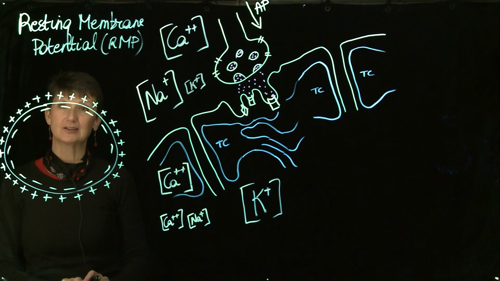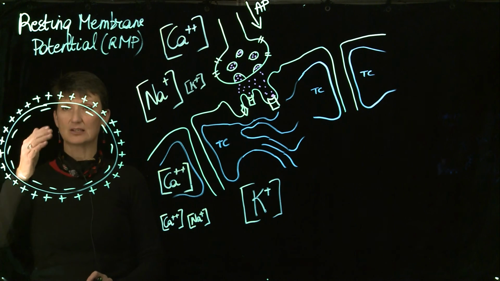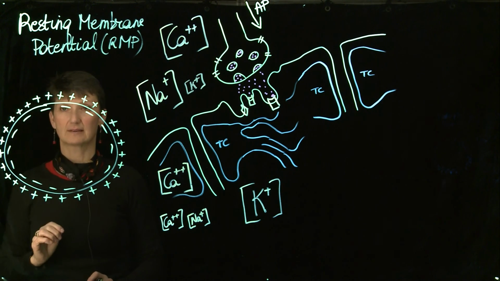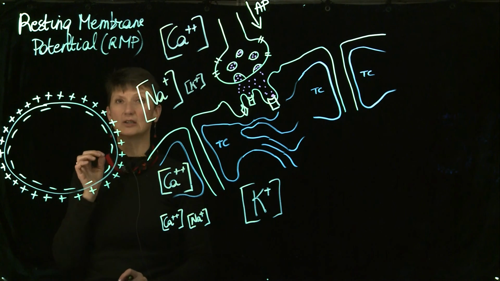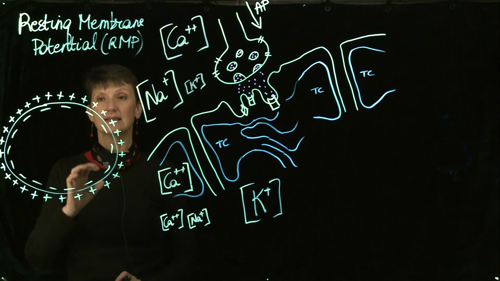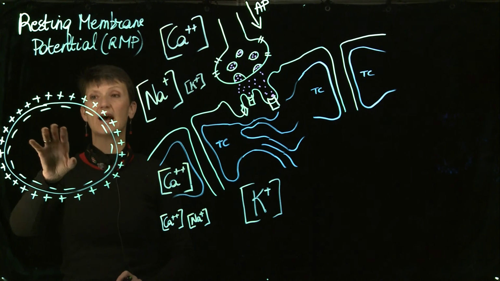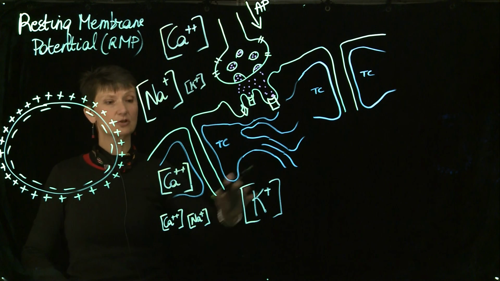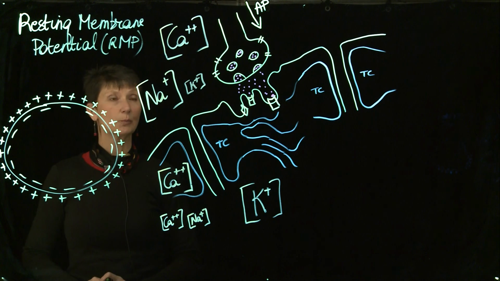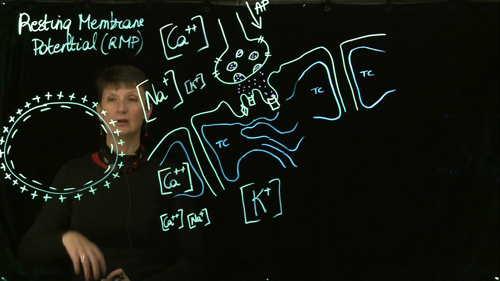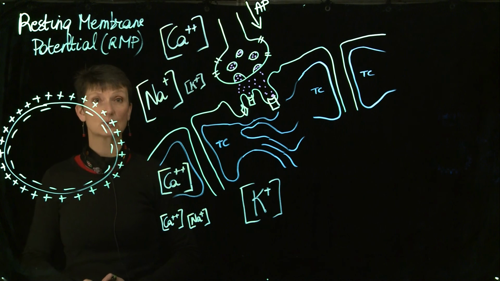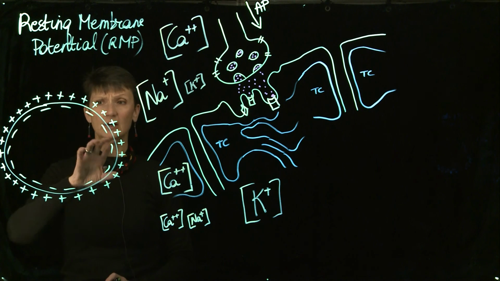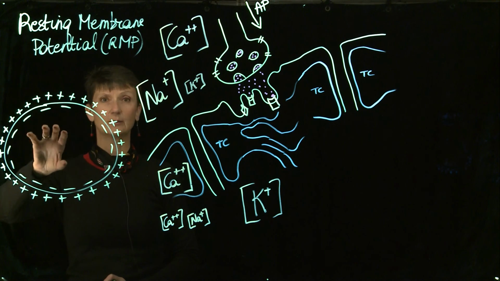It is okay to say that the inside is more negative compared to the outside, but just a word of caution here, and that is that on the inside we have positive and negative ions. You see these ion concentrations here for sodium, potassium, and calcium. Those apply over here as well. So we have on the inside sodium, potassium, and calcium.